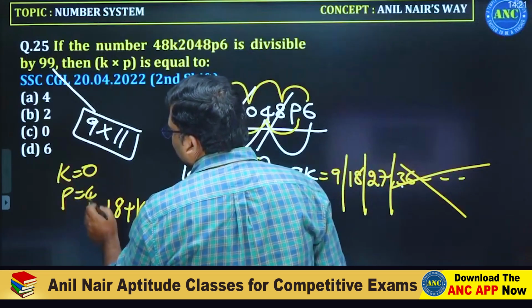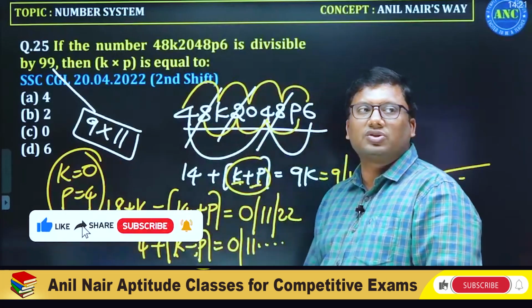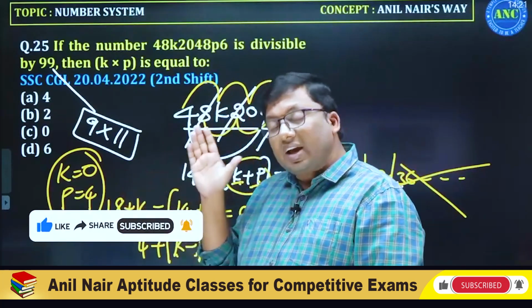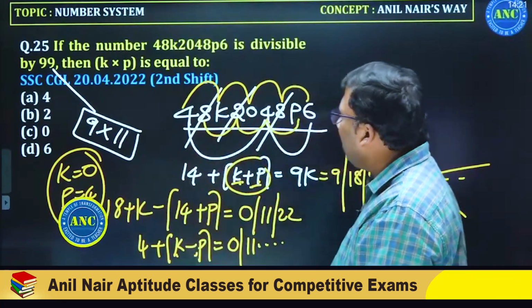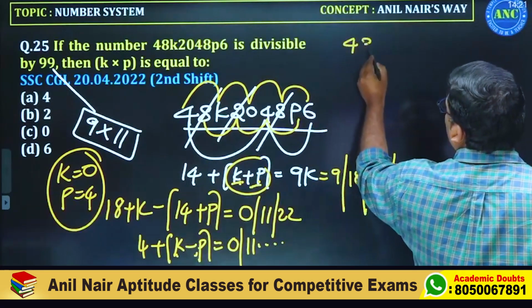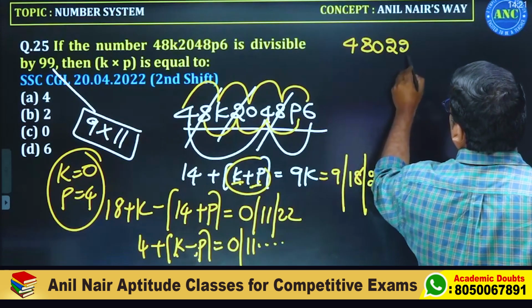What is the question? The product. 0 into 4 is 0. Very, very good question it is. Using the 99 divisibility rule, there is another way to solve the question. With K as 0 we can check whether it is right or wrong.